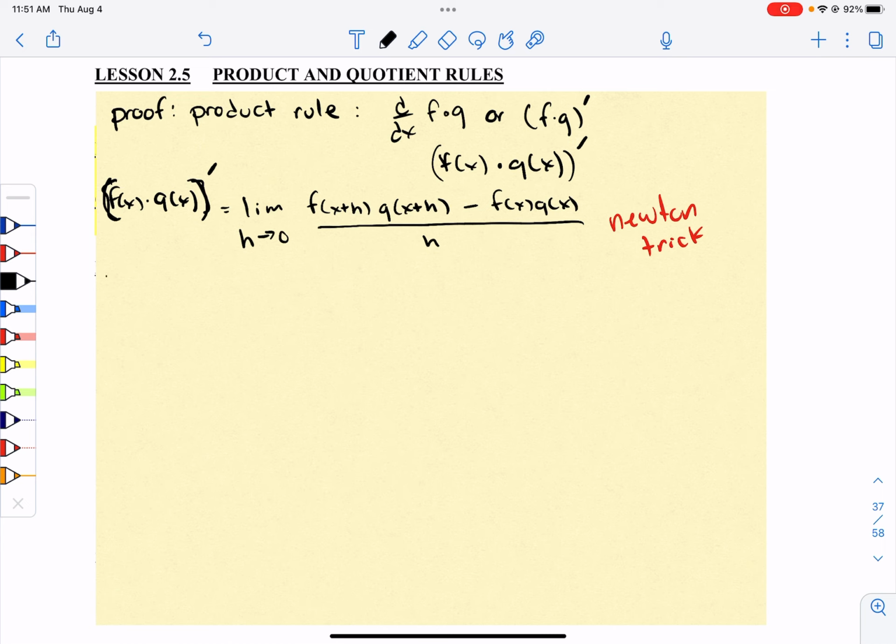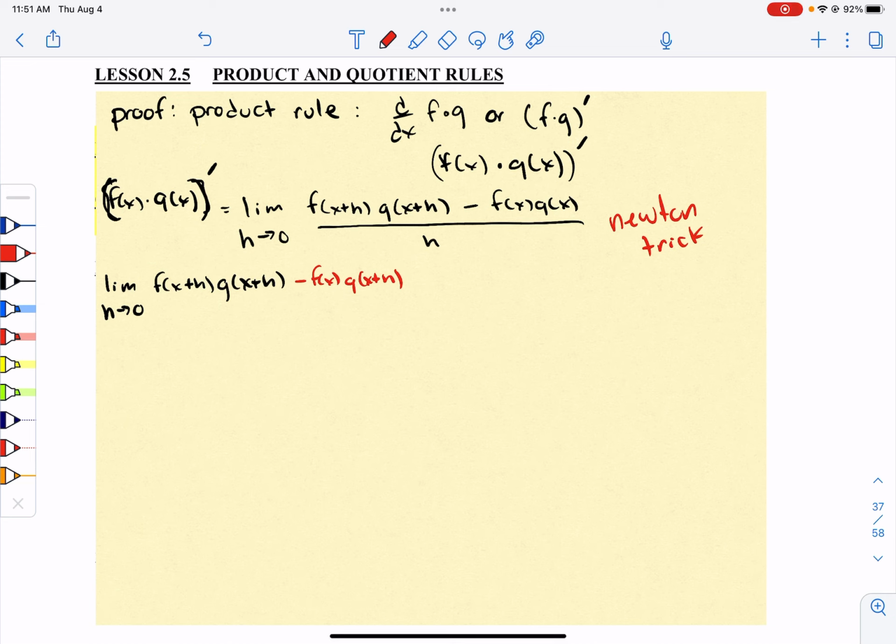So I'm going to rewrite this, the limit as h goes to 0. I'm going to keep the beginning the same, f of x plus h, g of x plus h. But right here, I'm going to insert something. I'm going to subtract f of x times g of x plus h.